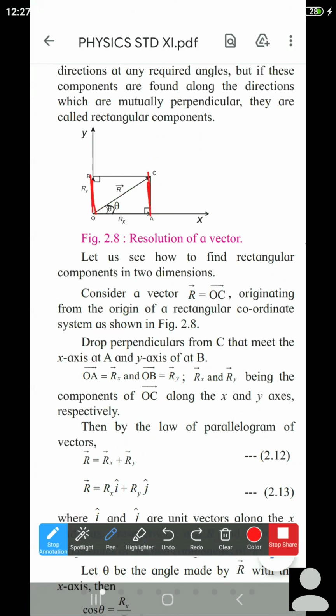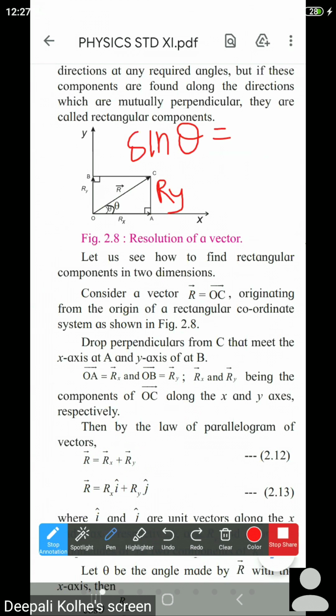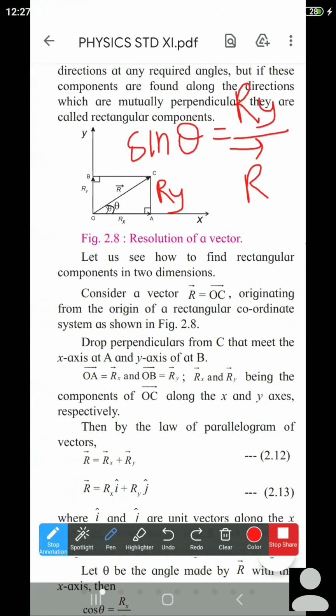But BO is Ry, therefore CA also we can write Ry. ओके, ये CA भी हम Ry लिख सकते हैं. तो sine of theta ratio क्या आ जाएगा? Ry upon R bar, because this is the opposite side of the angle theta, right? थीटा के opposite side का opposite side क्या है?